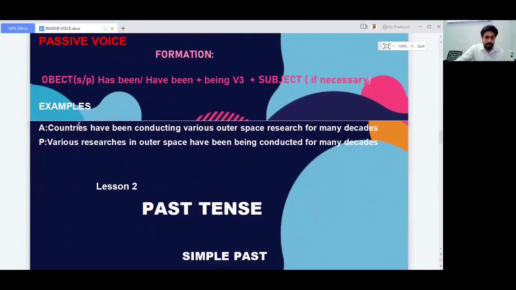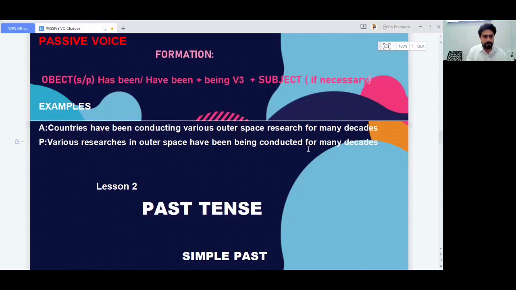Let's make a rare example here. I told you it's really, really rare. Countries have been conducting various outer space research for many decades. So that is the active statement. Now I'm going to give you a passive form of this statement. What is the object here? Research, right? So various research in outer space have been being conducted for many decades. Yes, conducted by countries.